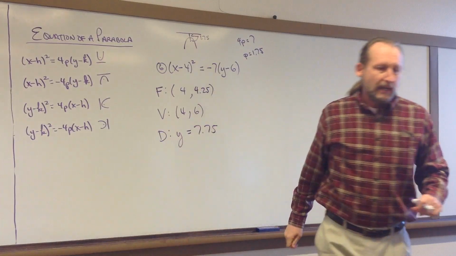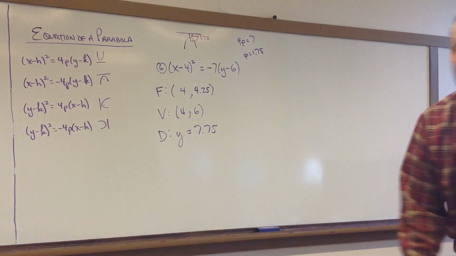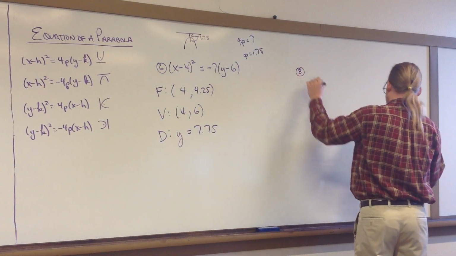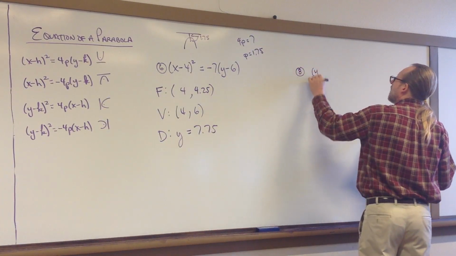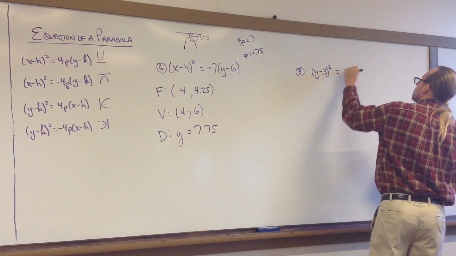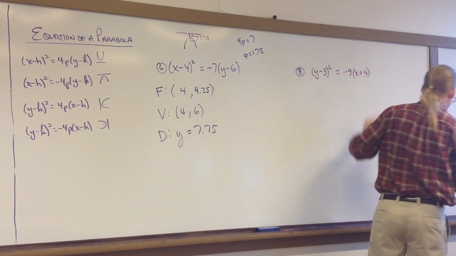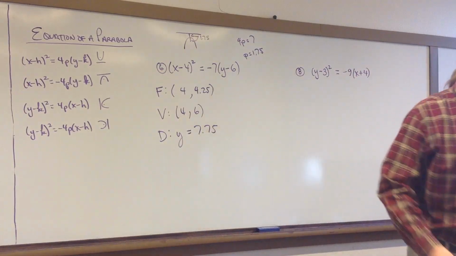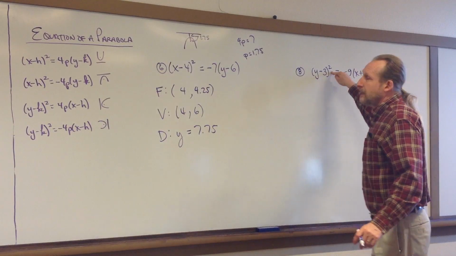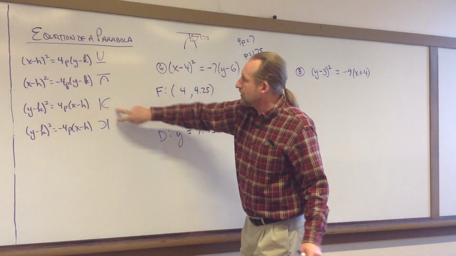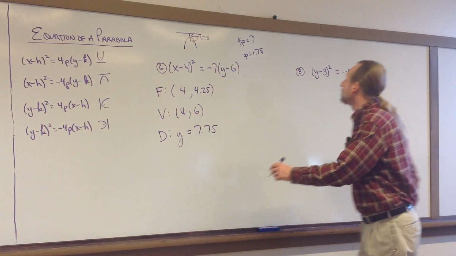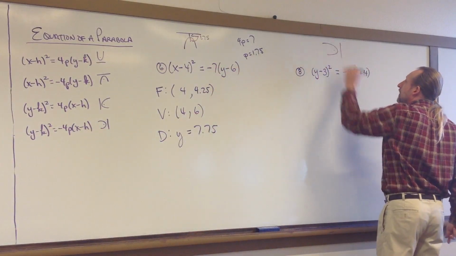Now, problem 8 is going to be the leftward facing parabola, because that's the fourth one that we haven't seen yet. So (y - 3)^2 = -9(x + 4). Since y is squared, it's one of these two, and the negative sign indicates it's a leftward facing parabola.